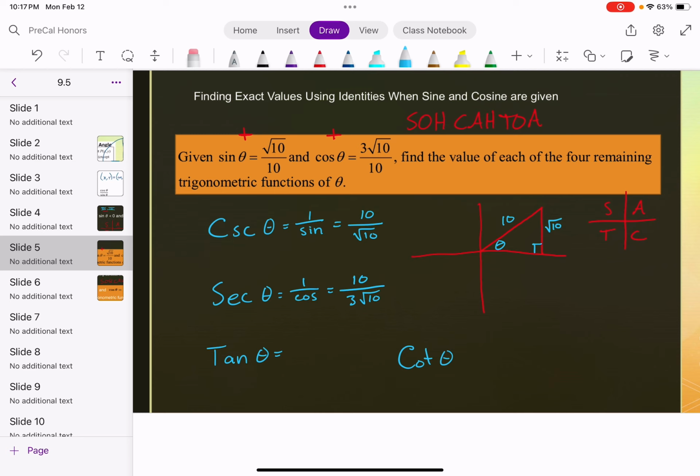We're still given a piece of information, which is our cosine. Keep in mind, we don't have to use our Pythagorean theorem or our other equation as long as cosine goes ahead and fills up that last spot. Remember, cosine is adjacent over hypotenuse. Well, we have the hypotenuse already at 10, but the adjacent is 3 square root of 10.